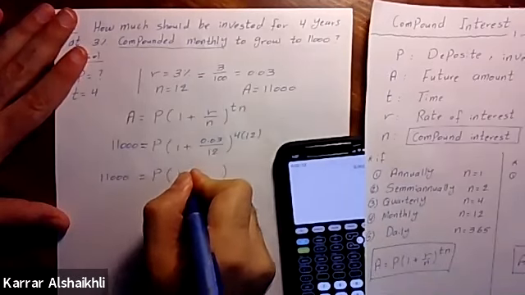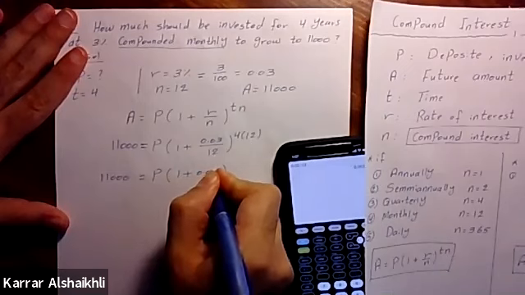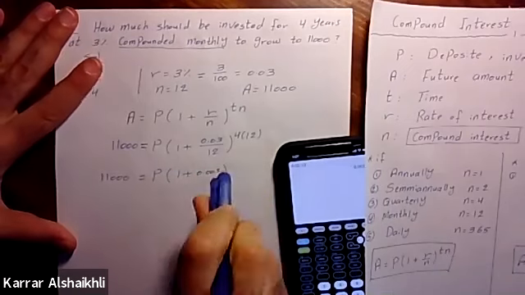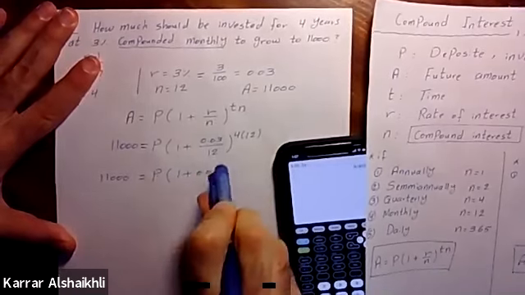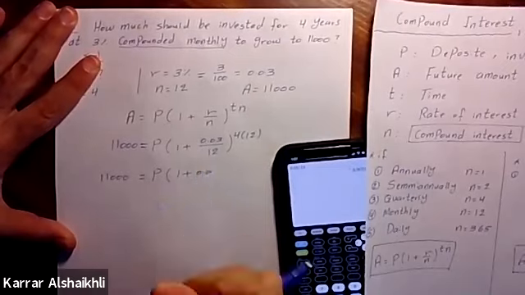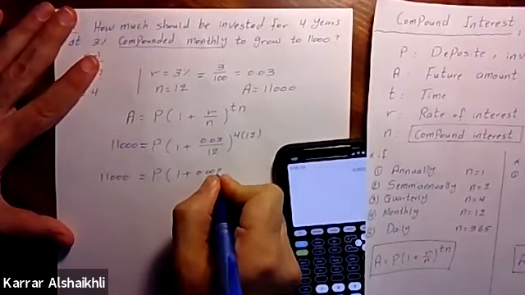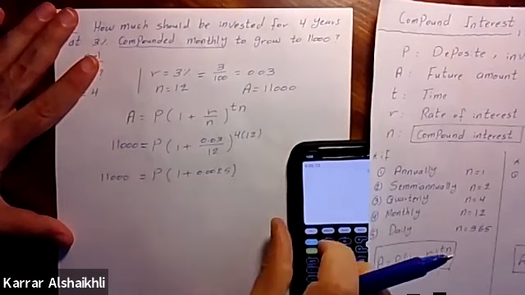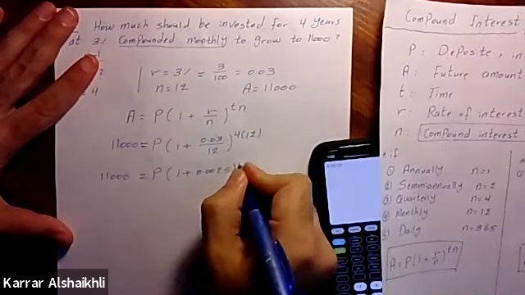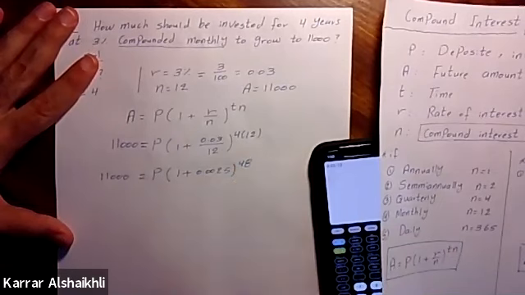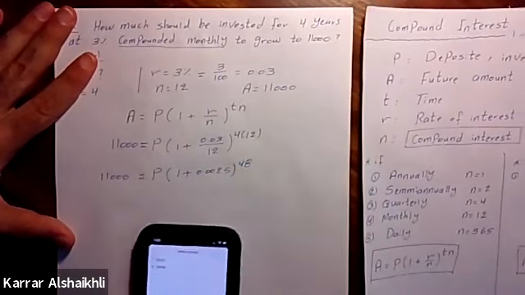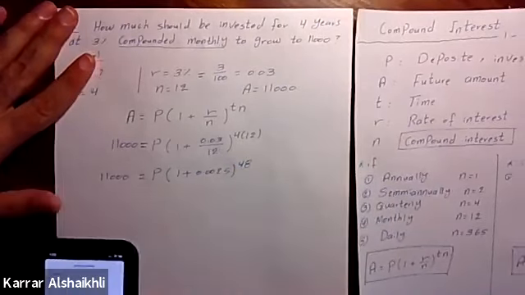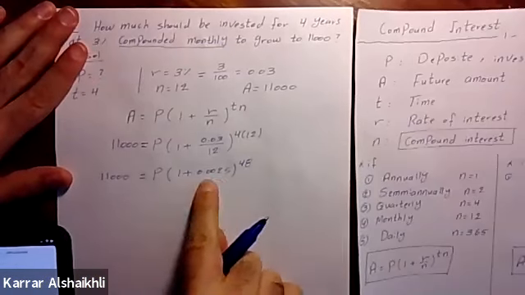That means it's going to be 1 plus 0.0025. You see, I'm simplifying these two numbers first. Step by step. 4 times 12 is going to be 48.